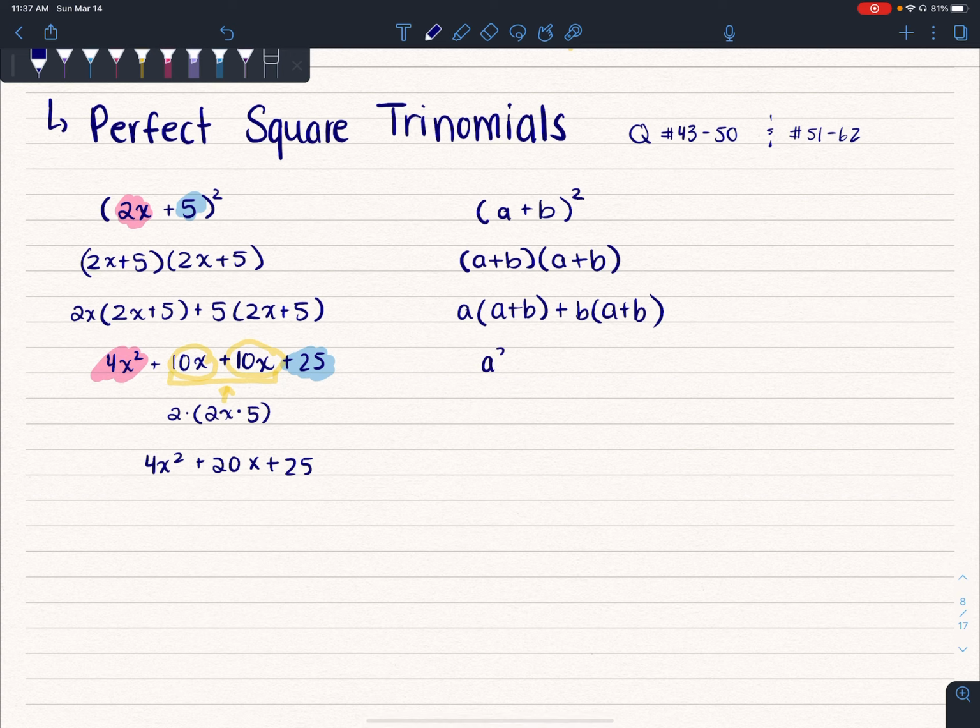Here you'll see we get a squared plus ab plus ba, which is the same thing as ab, plus b squared. So we get our first term, a, gets squared. Our second term is 2 of a times b, and our last term is b squared.